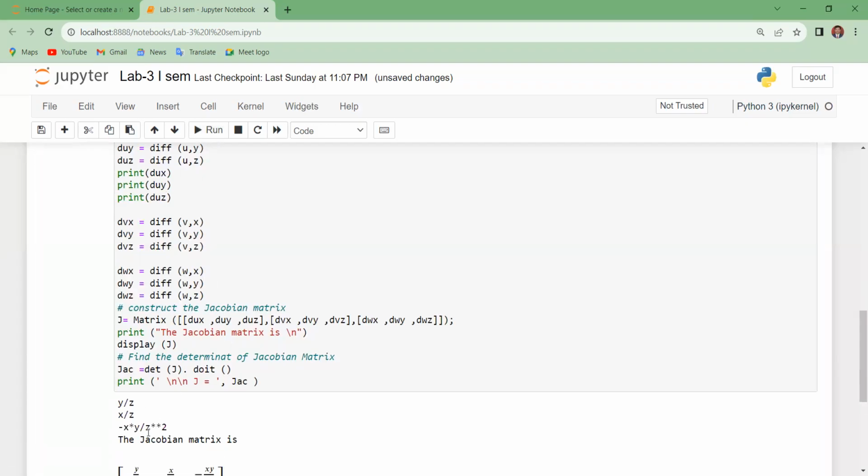So y by z, x by z, xy by z square, like that.